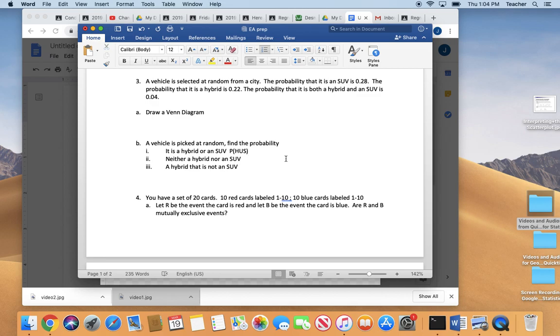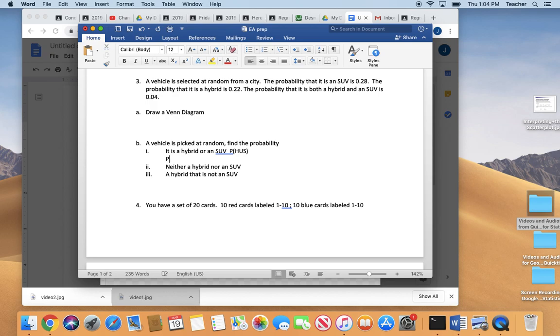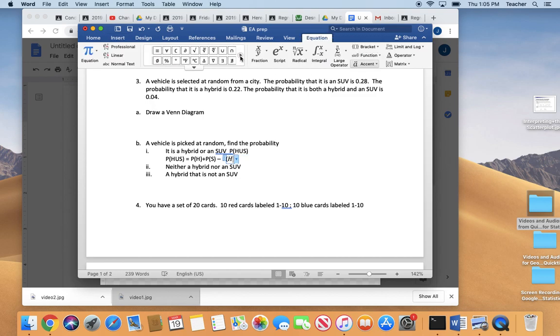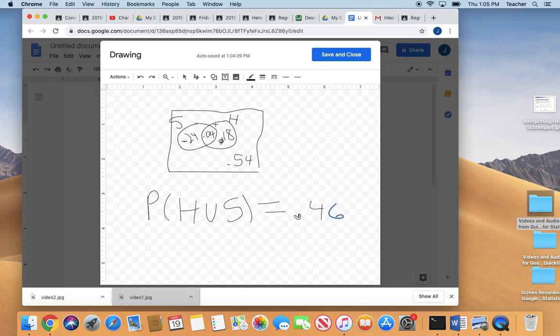So the addition rule says that the probability of A or B, or in this case H or S, equals the probability of H plus the probability of S minus the probability of both, the probability of H and S. And that's so in the Venn diagram that you don't count these people in here more than once.